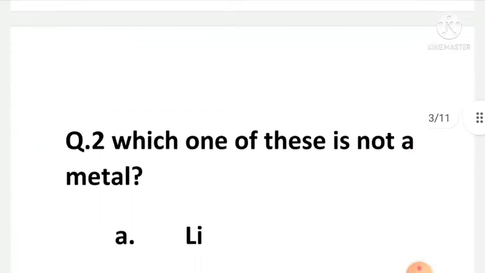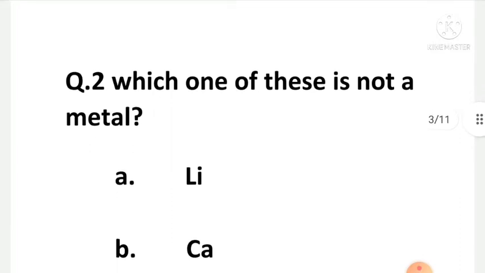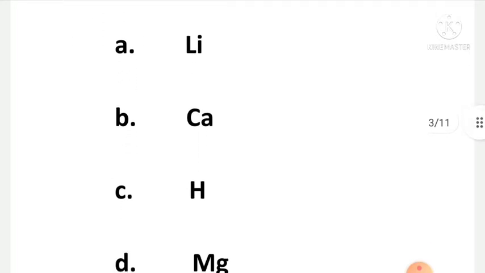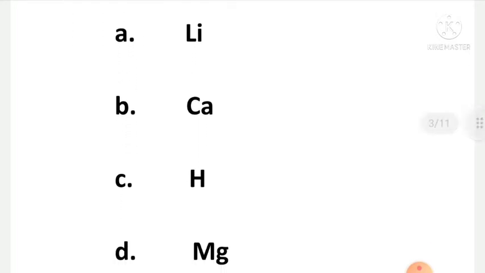Question number 2. Which one of these is not a metal? Here A. lithium, B. calcium, C. hydrogen, D. magnesium.